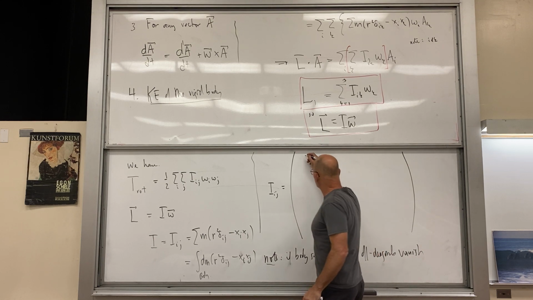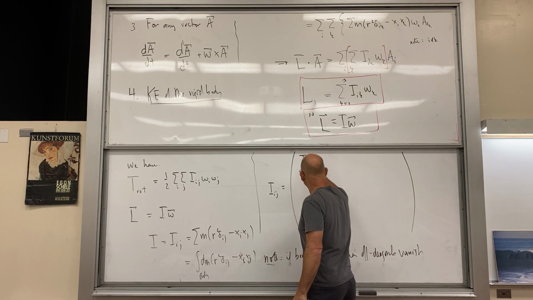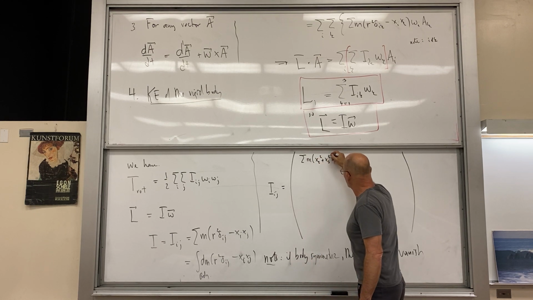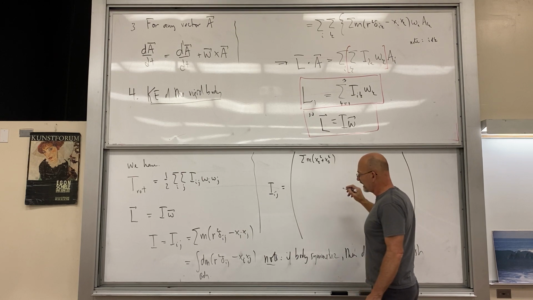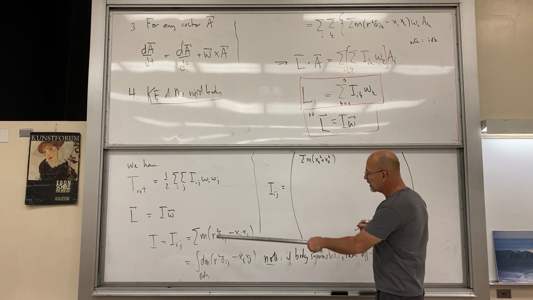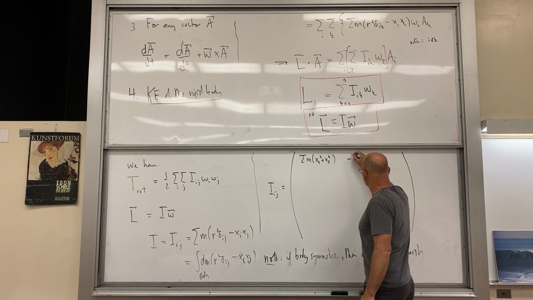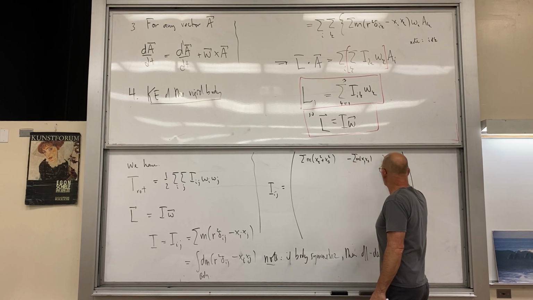So the 1, 1 here is sum of m times x2 squared plus x3 squared. And the 1, 2, the ones that we know are typically going to vanish, m x1 x2.